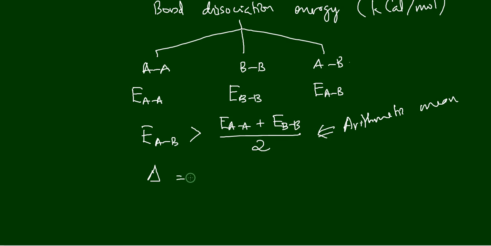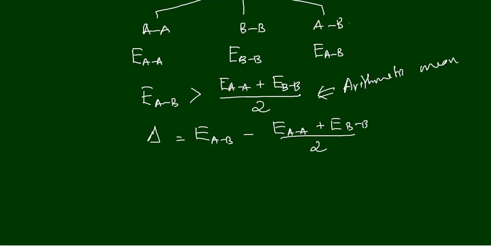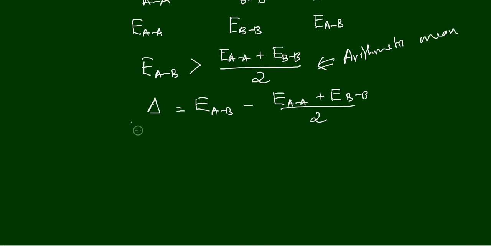Therefore delta is equal to EAB minus (EAA plus EBB) divided by 2. Okay, and this quantity is delta. So keep it in mind about this delta. This is very important, and we are going to use this in the upcoming equations.